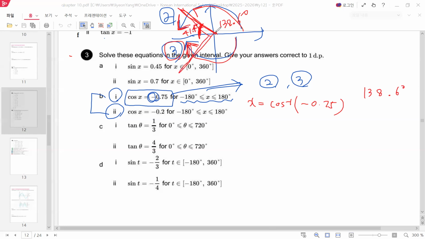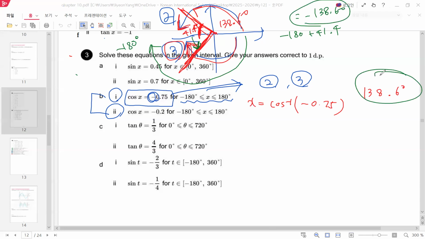You need to find this angle, but in the positive direction or the negative direction? Negative direction. So it means negative 180 first, and then plus 41.4. Therefore, minus 180 plus 41.4, which is negative. So there are two answers, this one and this one.